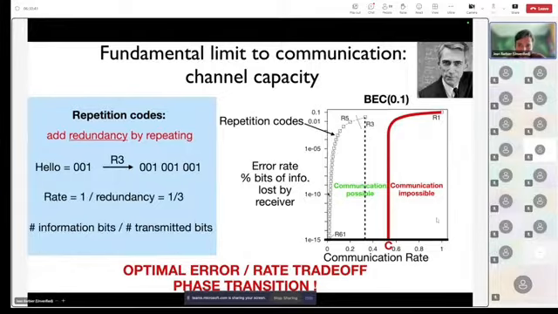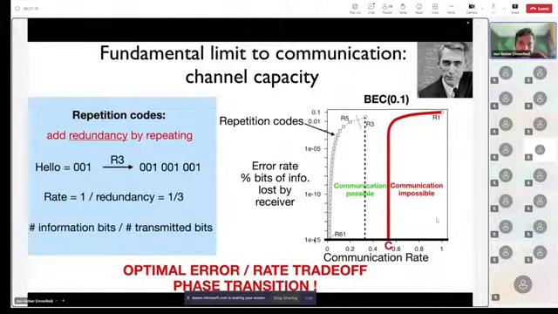So you put a line there and you ask, what is the maximum communication rate that I can attain? So what is essentially the minimal redundancy that I can allow myself to reach such an error? Shannon has proved that it's given by this curve here, by this wall. If you allow yourself 0 error, then there is a maximum communication rate.